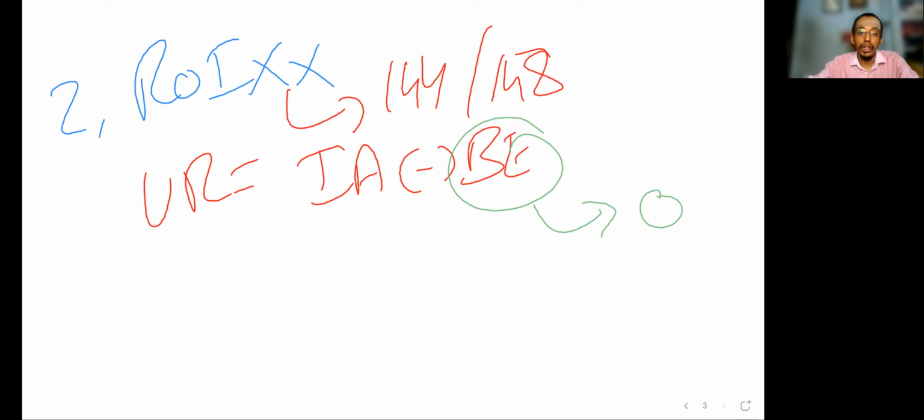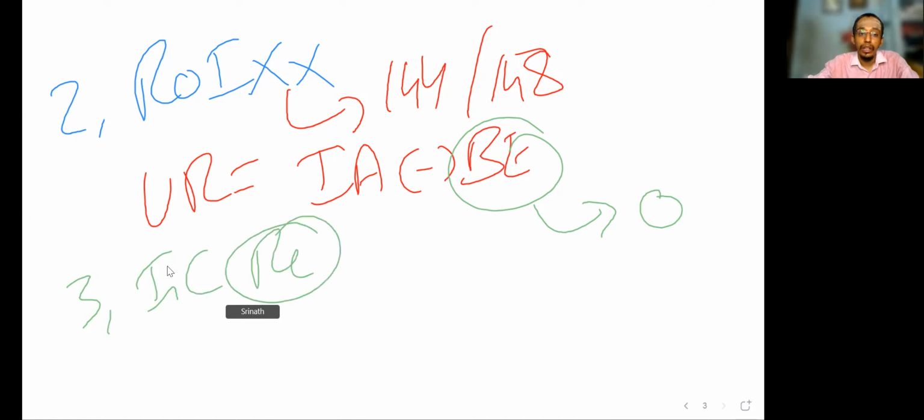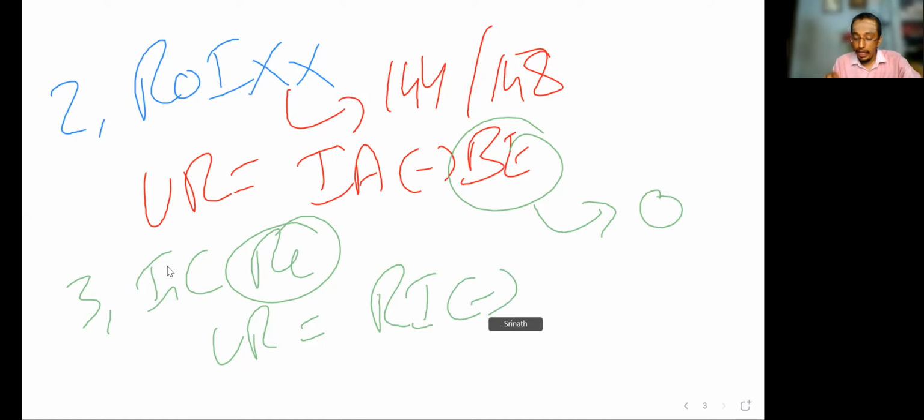Now, third, income reassessed. In that case, underreporting of income would be equal to reassessed income minus income assessed in the earlier order.